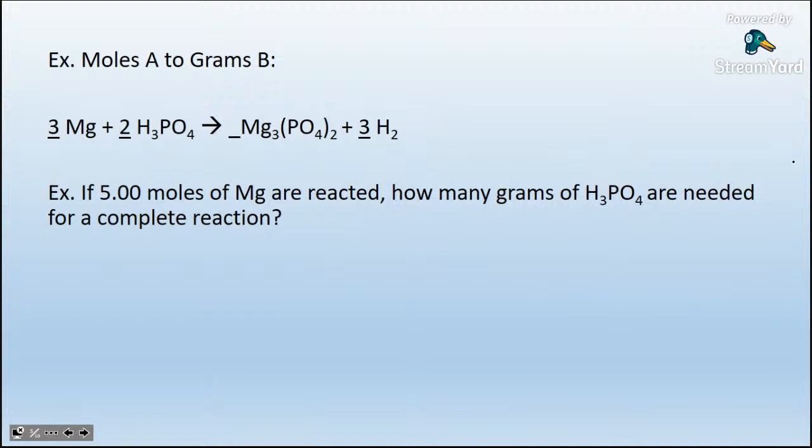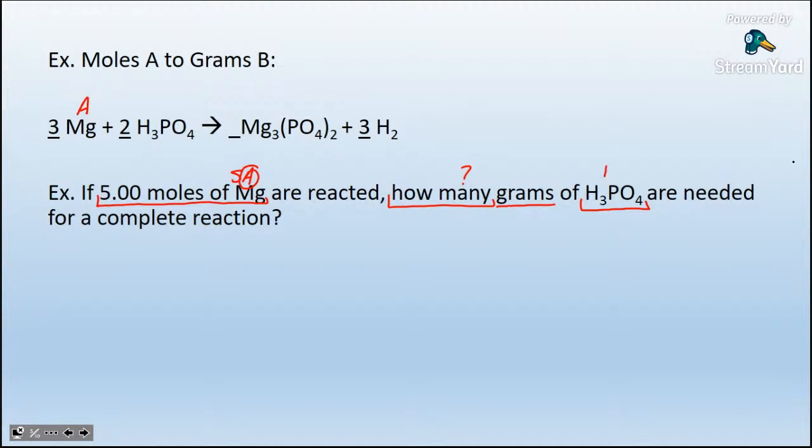So let's look at now moles of A to grams of B. So we're adding in the concept now of a molar mass. So as I go through this, again, we always want to label. So if 5 moles of magnesium, so I'm going to start with that same 5 moles, and whatever my starting amount is, that is going to be my substance A, are reacted, how many, so there's my question, grams of H3PO4.